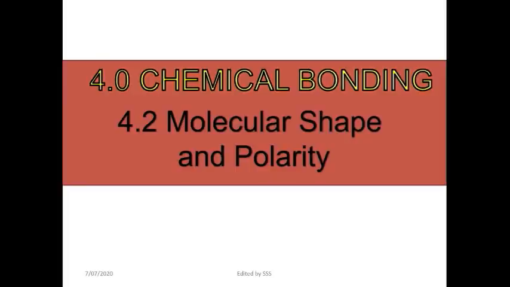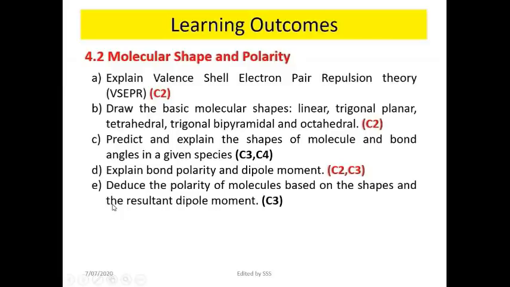My name is Madam Azida and I will discuss with you 4.0 chemical bonding with subtopic molecular shape and polarity. At the end of this lesson, you should be able to explain what is valence shell electron pair repulsion theory. The next is how to draw the basic molecular shape.